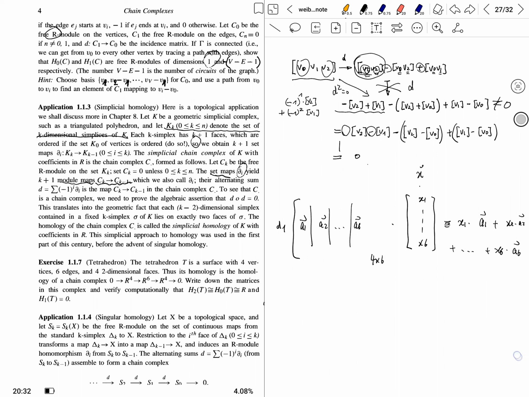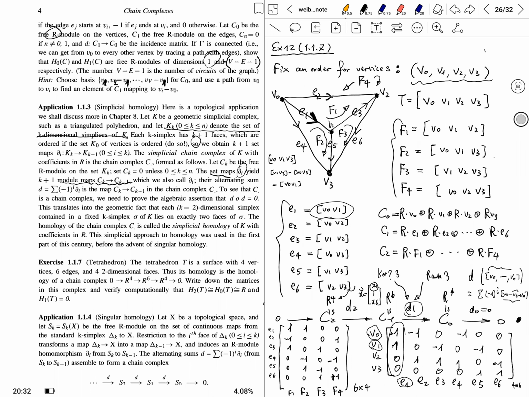Right, so why do I mention this? It means that this map is a linear combination of the column vectors of this matrix D1, which means it is a linear combination of the image of E1, plus the image of E2, until the image of E6 under this differential, right?